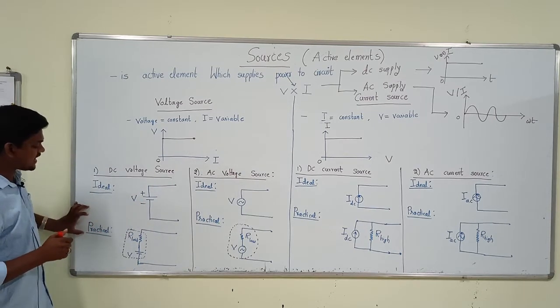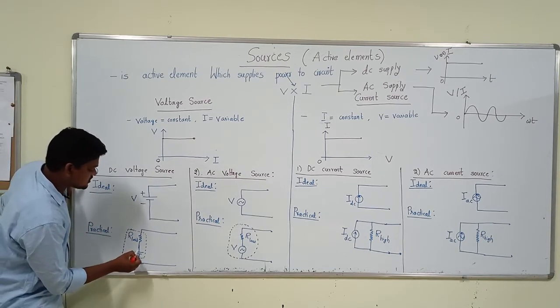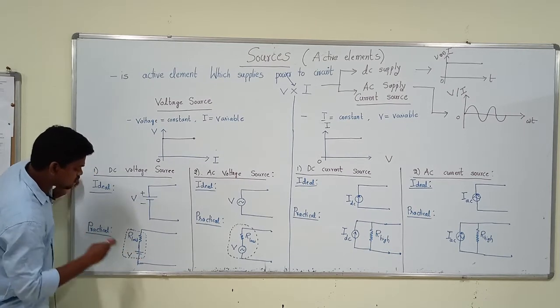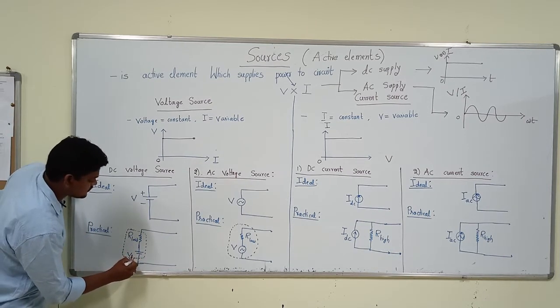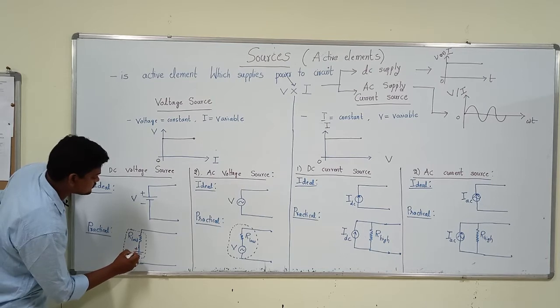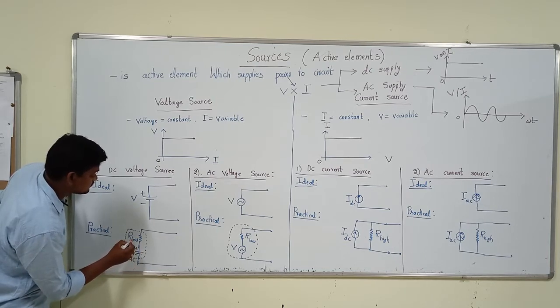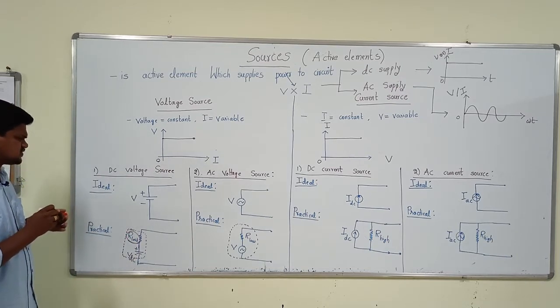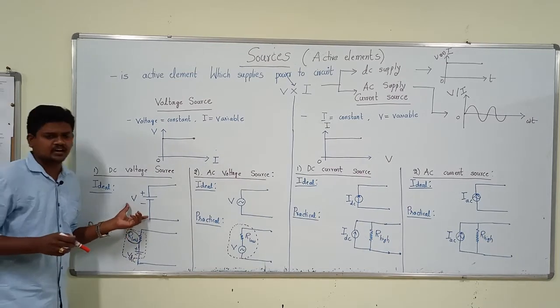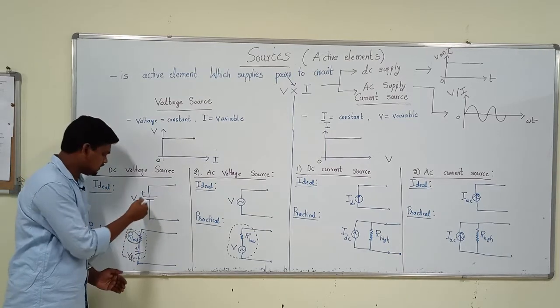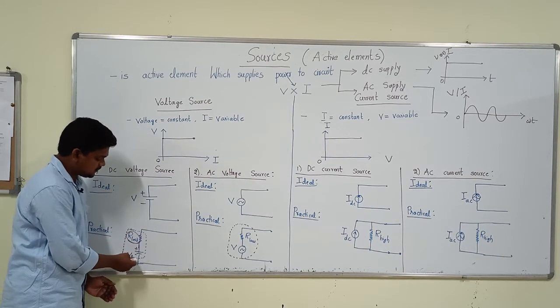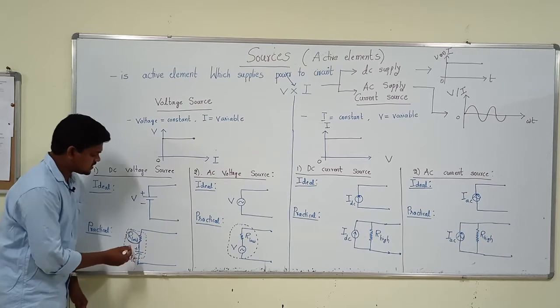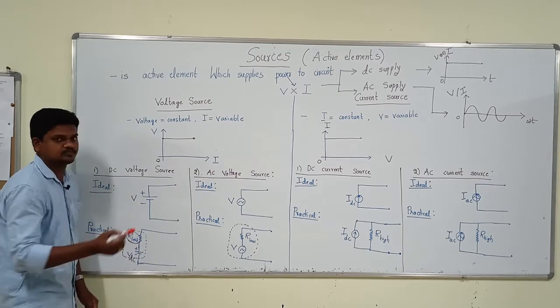Practically, the DC voltage source has the same symbol, but inside it has a low resistance value. In a circuit or network it is generally represented like this only, but keep in mind that every DC source has some small resistance inside it.